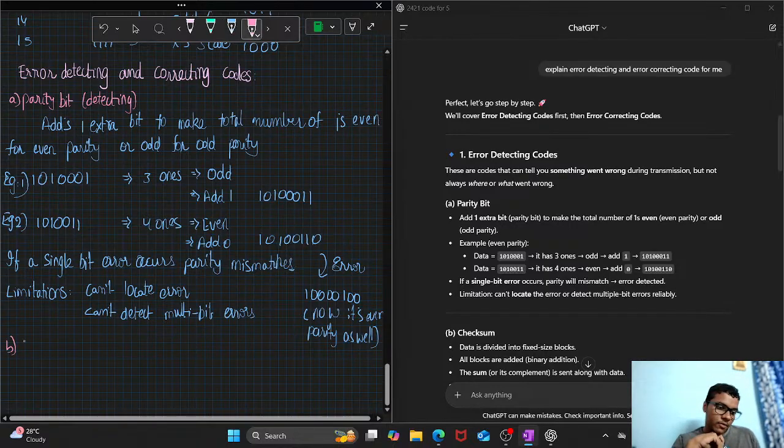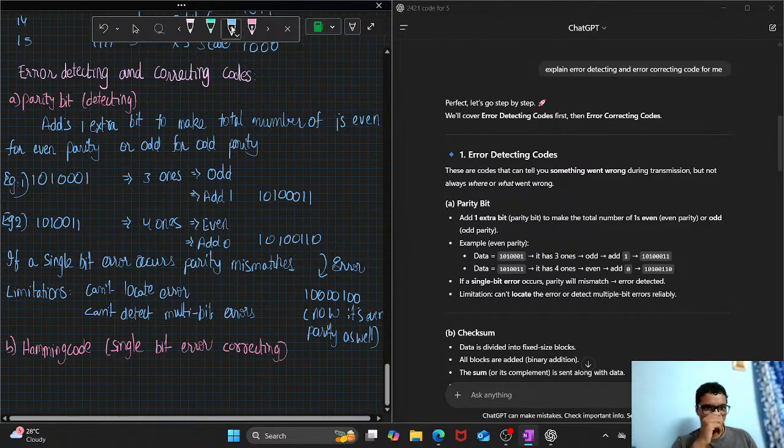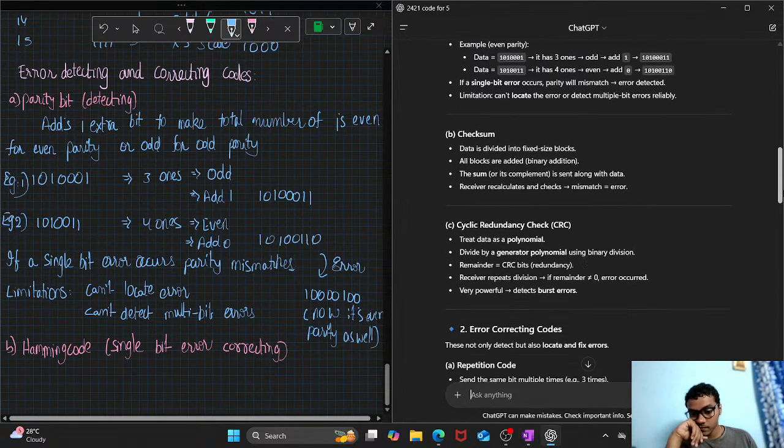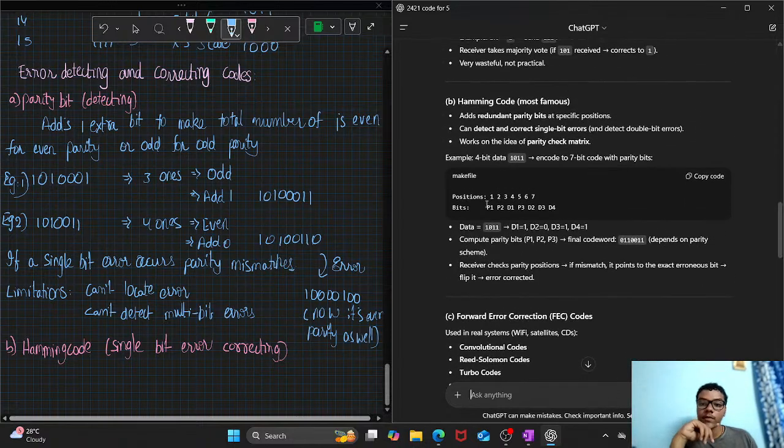And we got Hamming code. Single bit error correction. It adds redundant parity bits.